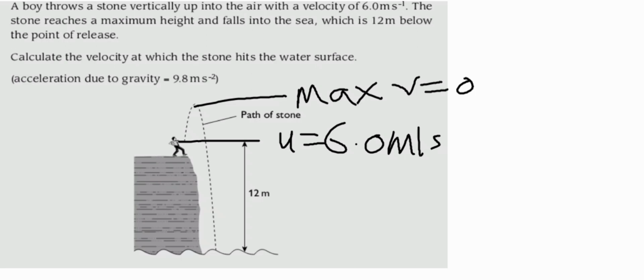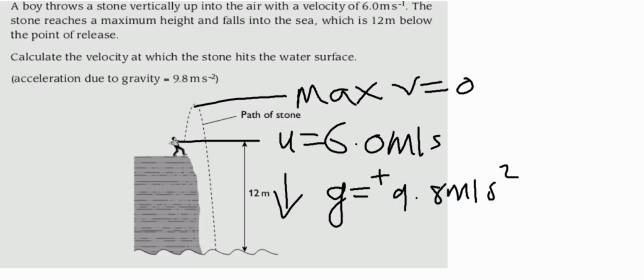Since this object is falling down, we are going to have the acceleration due to gravity as the positive value, 9.8 meters per second squared. So we have three things here: the acceleration due to gravity, which is the positive one, the initial velocity, and also the height.